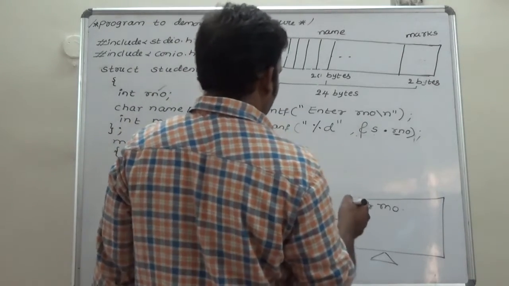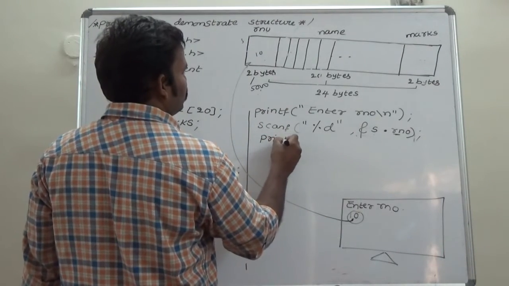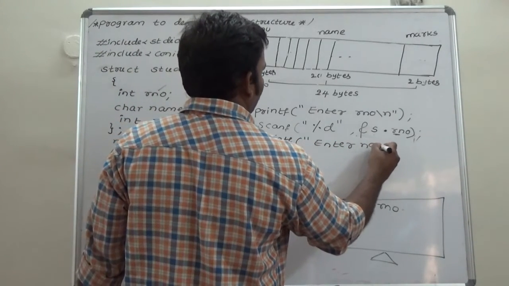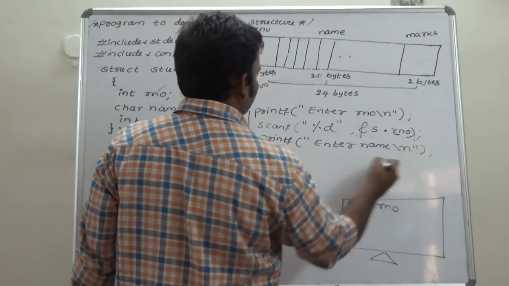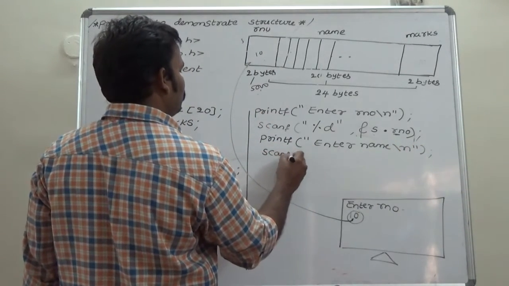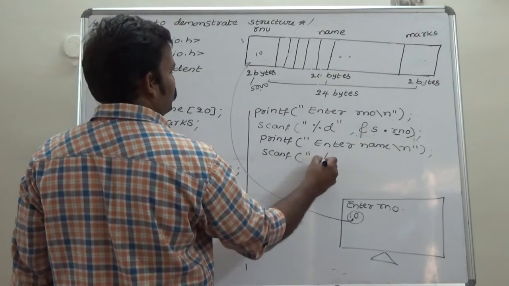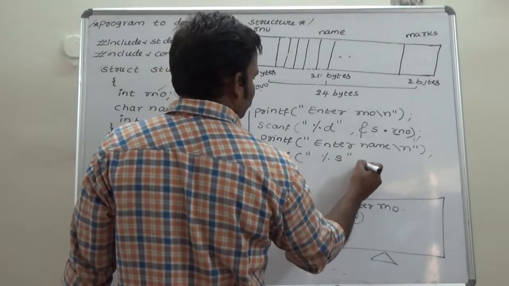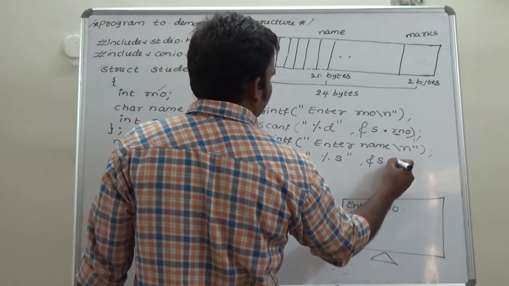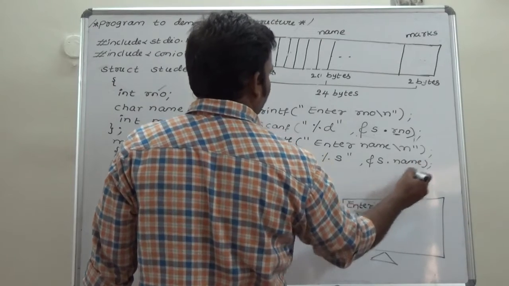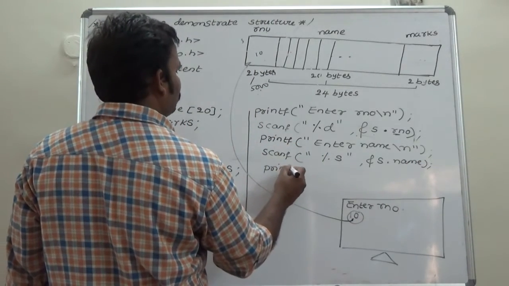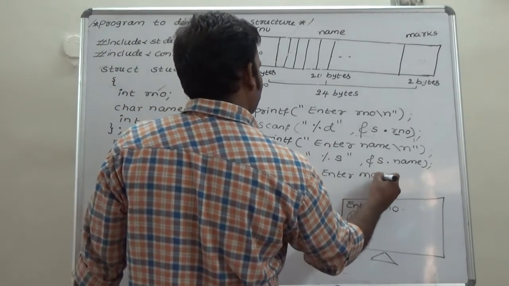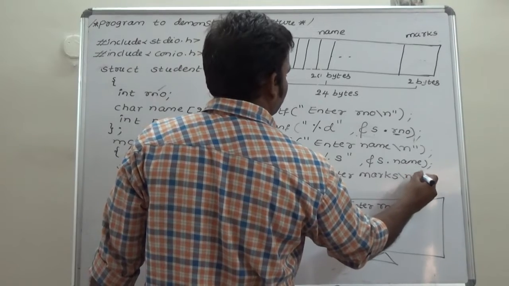Okay. Next, I want to read name also. Enter name. Scanf. Format specifier. To read the string we use %s format specifier and &s dot name. Next, I want to read marks of a student. Enter marks.